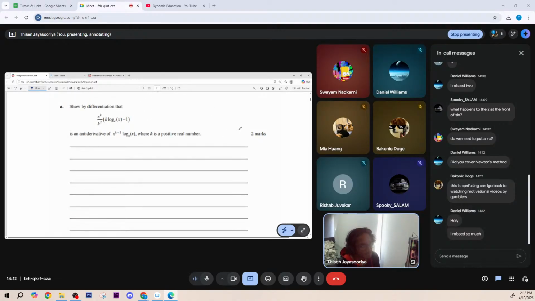So it says here, show by differentiating that x to the power of k squared brackets k ln of x take away 1 is an antiderivative of x to the power of k take away 1 ln of x, where k is a positive real number, right? So I don't care too much about the probability density function part. I'll ask Mia, yeah? How can we differentiate this top function?